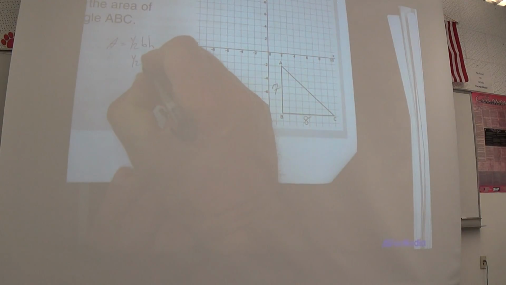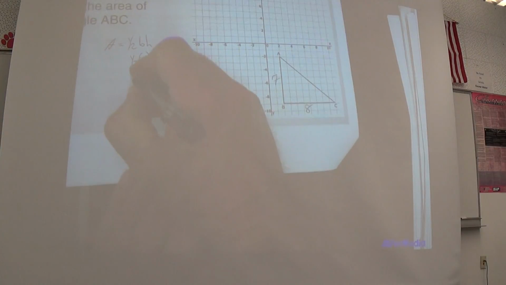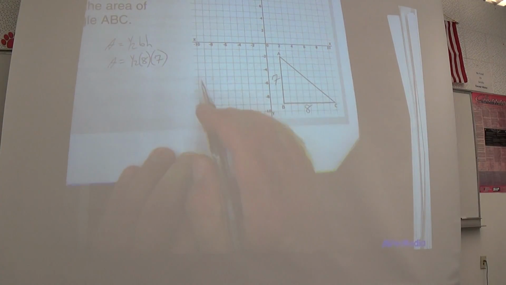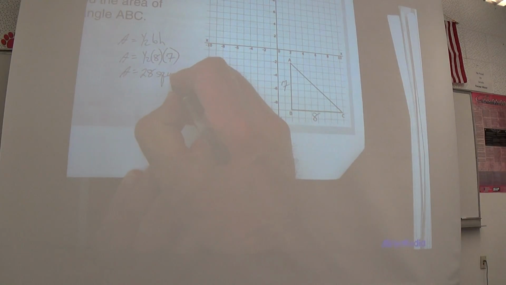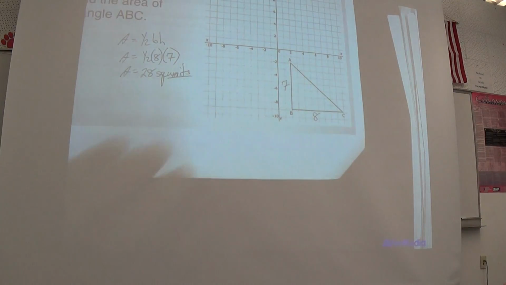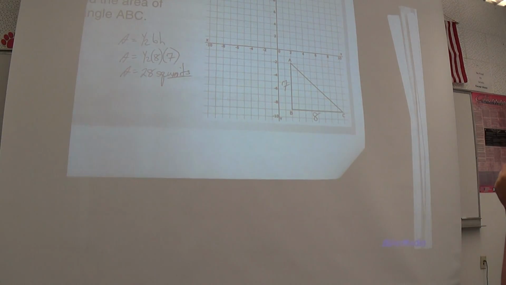So 1/2 times 8 times 7, that would be the area, and that means the area is equal to 28 square units. Or 28 units squared, okay?